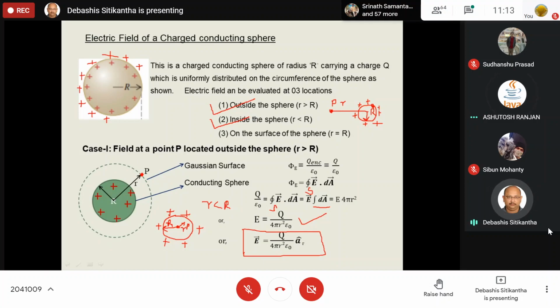Zero. Yes, somebody is trying to speak out. Please tell me. First, draw the Gaussian surface and then put the Gauss law.